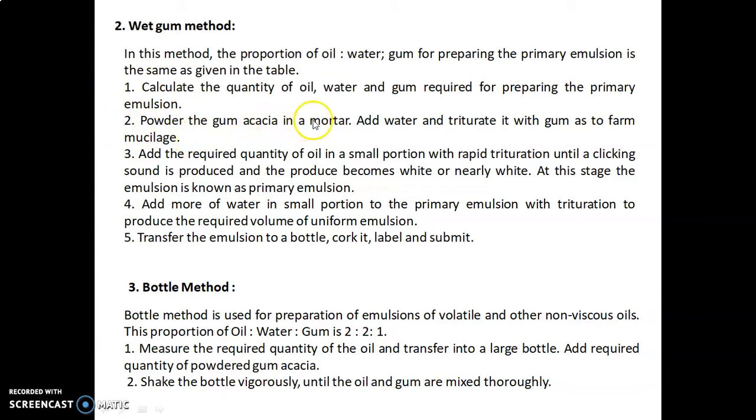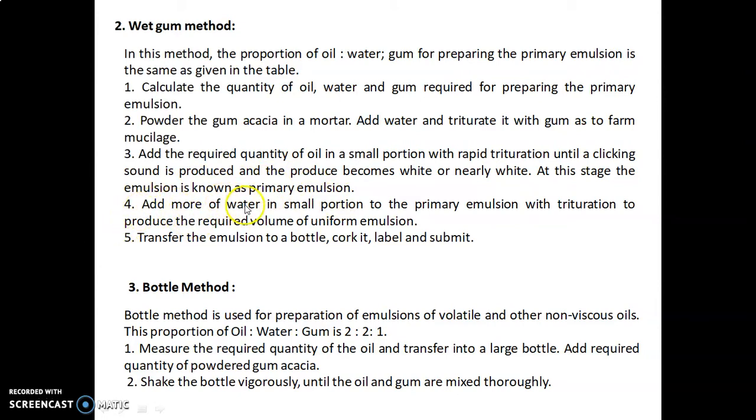Then powder the gum acacia in a mortar, add water and triturate it with the gum to form mucilage. Third, add the required quantity of oil in small portions with rapid trituration until a clicking sound is produced and it becomes white or nearly white. At this stage, the emulsion is known as the primary emulsion.